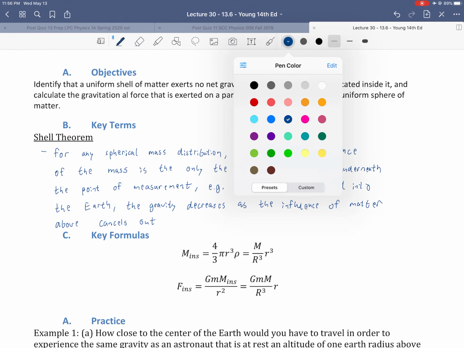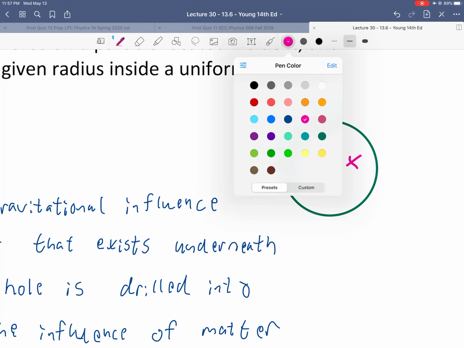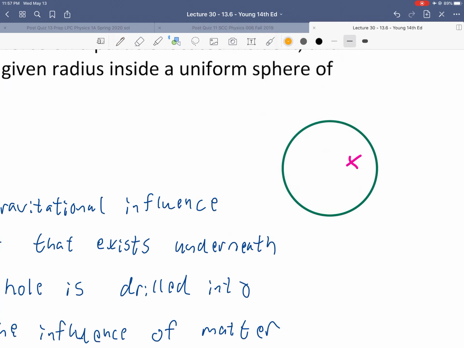Okay, so what this looks like is if we have a spherical distribution of mass and we imagine some point within that distribution, then if we consider the mass within, that is the entirety of the gravitational force that needs to be calculated.